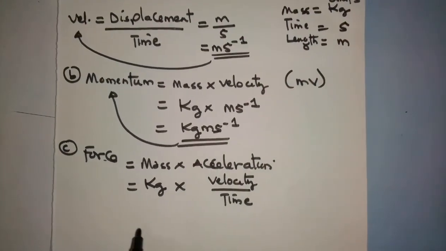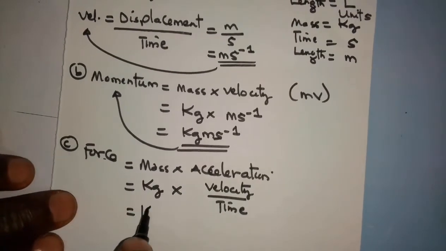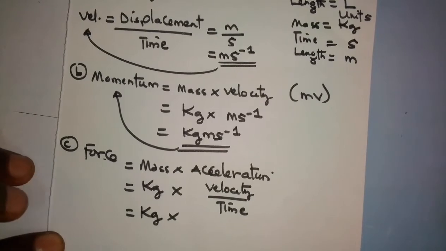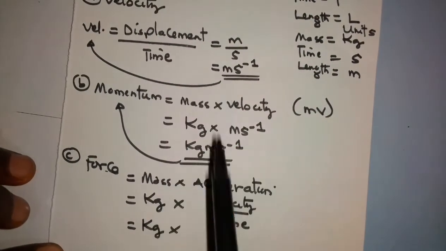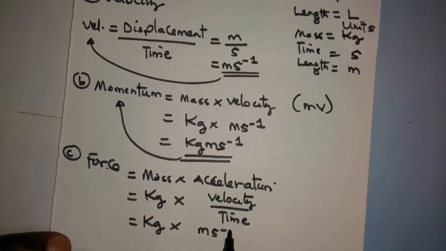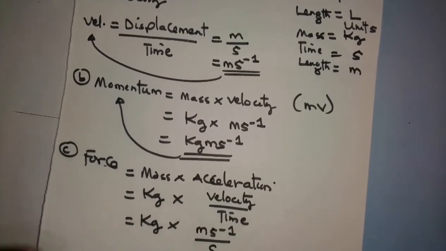So we have kilogram multiplied by velocity. Now the unit for velocity is meter per second, so I just write that meter per second there. And then over time, the unit for time is second, so I put that there.